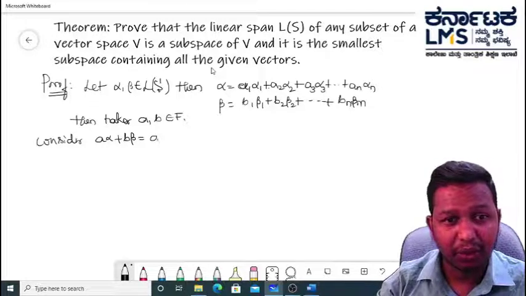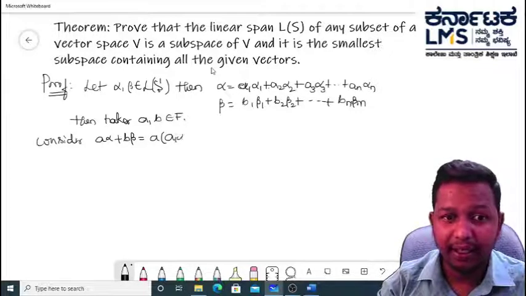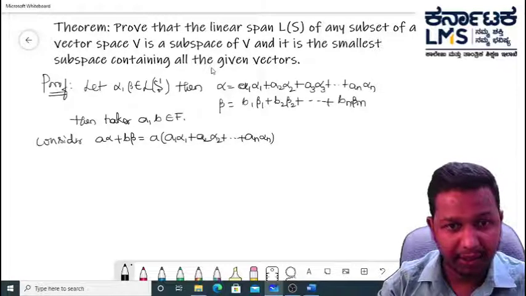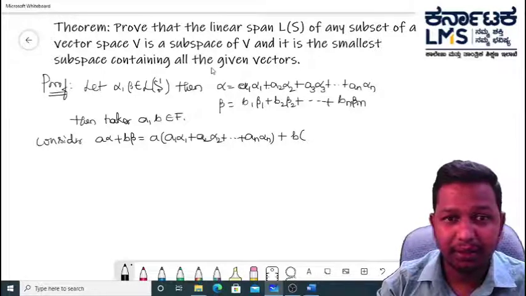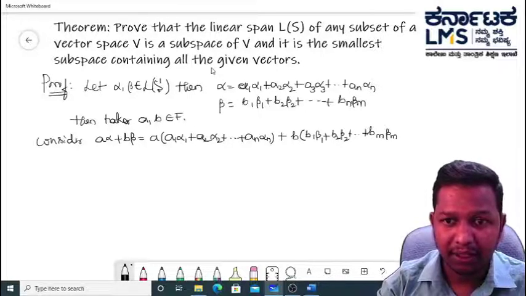So a into alpha means a A1 alpha 1 plus a A2 alpha 2 plus and so on, a An alpha n, plus b into beta, which is b B1 beta 1 plus b B2 beta 2 and so on, b Bm beta m.